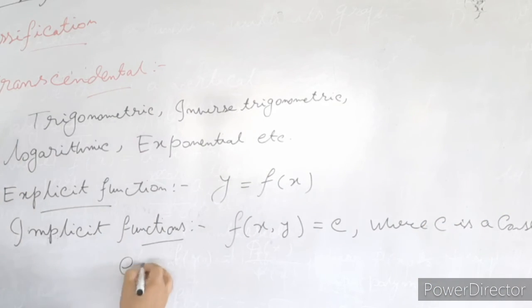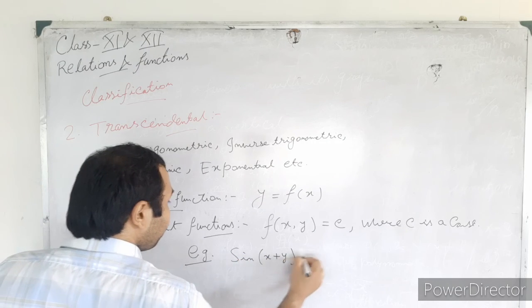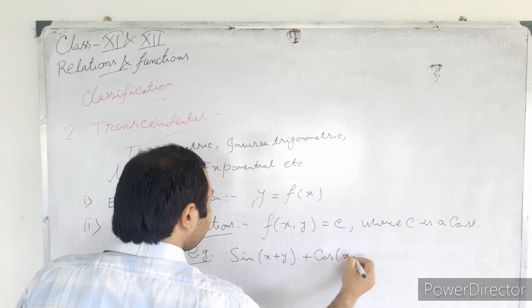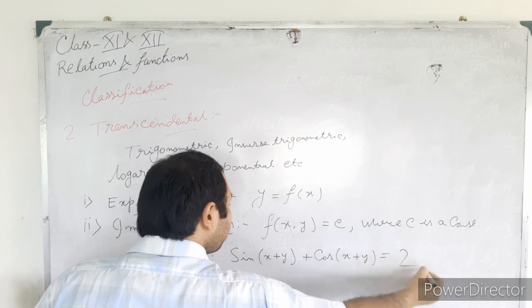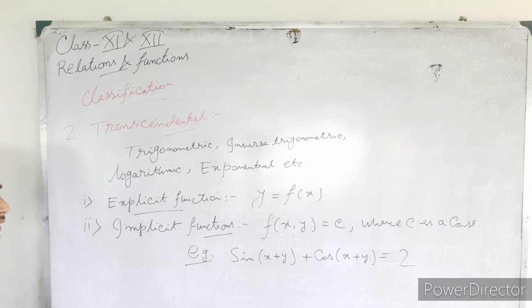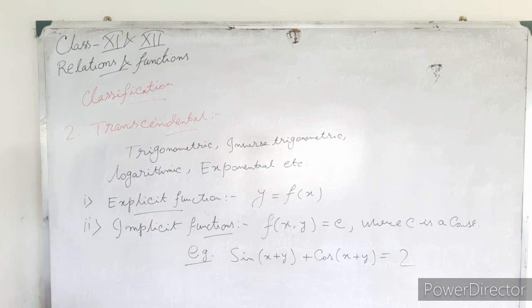As for example, sin(x plus y) plus cos(x plus y) equals say 2. So those are the implicit functions. And functions which can be represented as y equals f(x) are called the explicit functions.